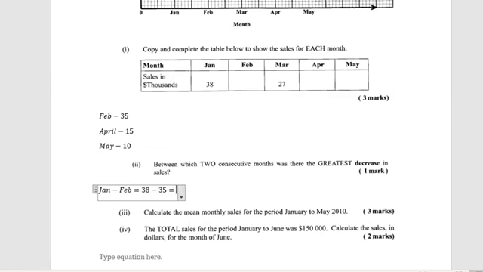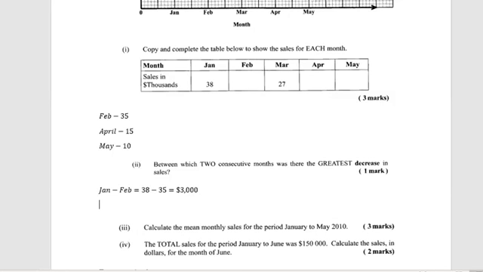So the decline there was basically 3,000. From February to March, what we have is 35,000 minus 27,000, and what we get is 8,000.